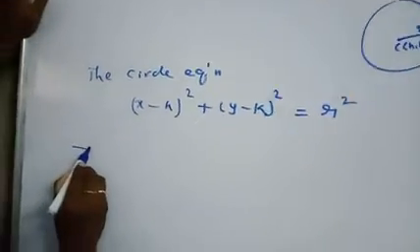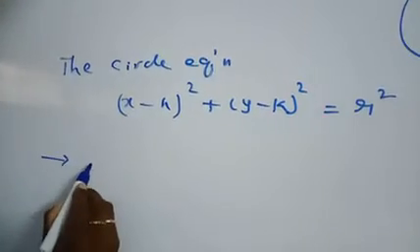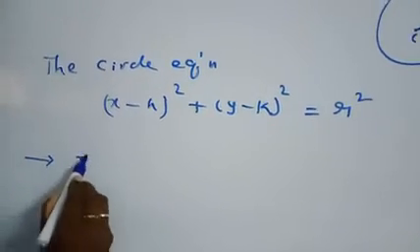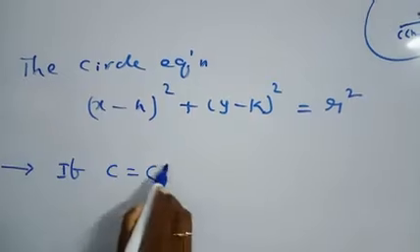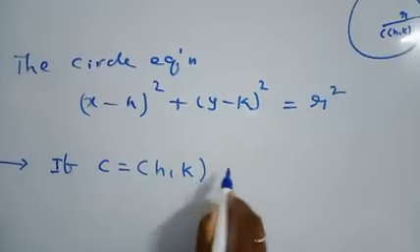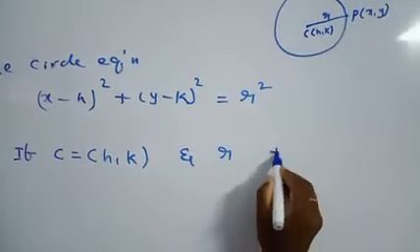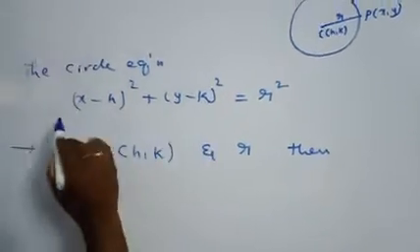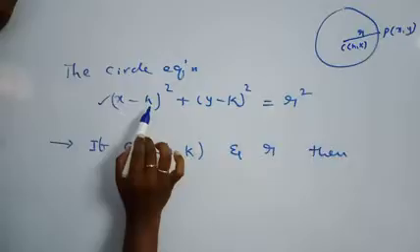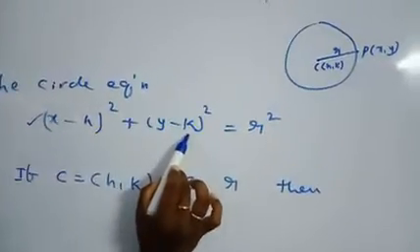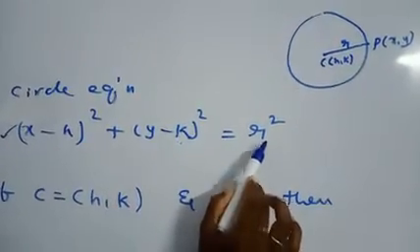Note that, students, very important: in the question, if the center C is equal to h comma k and the radius r is given, then the circle equation is x minus h whole square plus y minus k whole square is equal to r square.